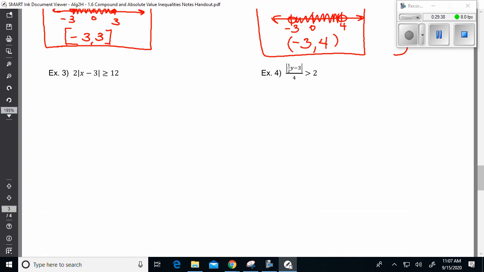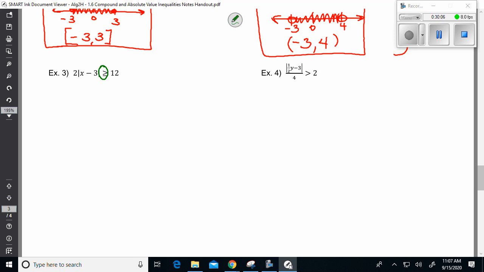So example 3. Notice right off the bat, greater than sign. So this is going to get converted using the or inequality. But before we convert it, we have a little bit of business that needs to be taken care of. There's a 2 sitting in front of this problem.